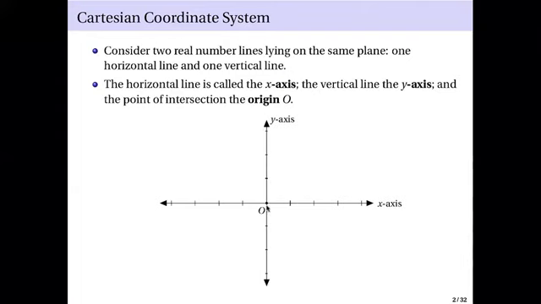So we will call the point of intersection the origin. This origin we will denote by 0 or O. But later we will see how we will denote this in terms of these two coordinate axes that we introduced.